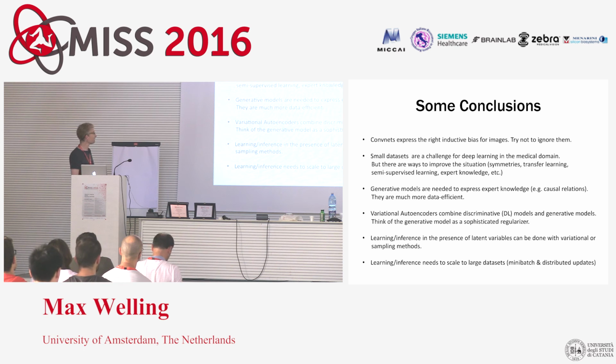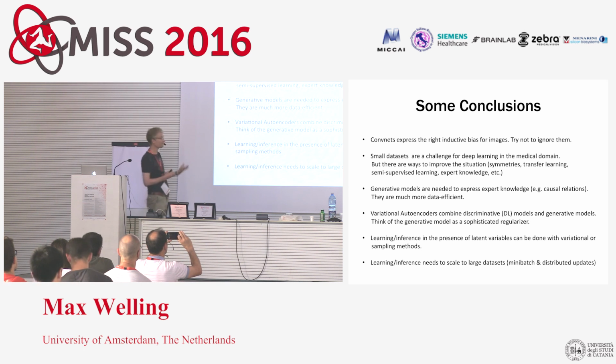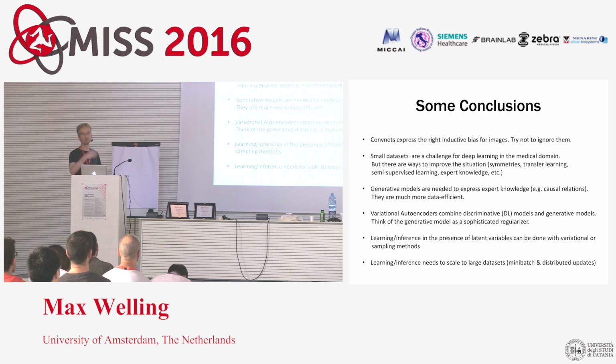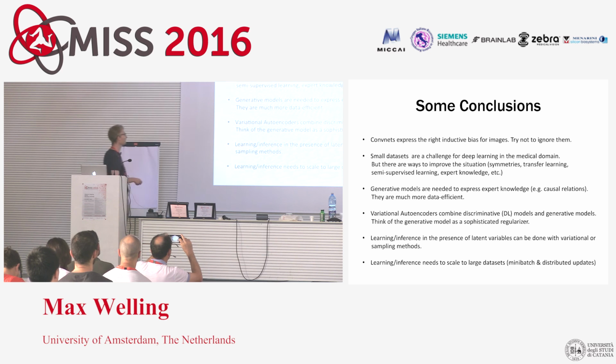Okay, variational autoencoders combine deep learning in the discriminative models with deep learning in generative models. We can think of them as a sophisticated regularizer for the discriminative model, where you use sophisticated expert knowledge to regularize. Learning and inference in the presence of latent variables can be done with variational methods or sampling methods.